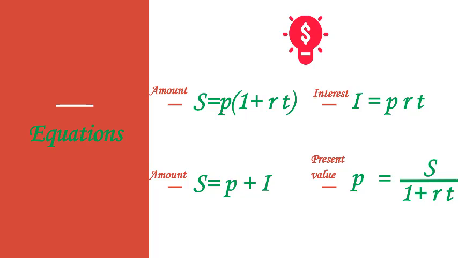Ordinary interest equal B times R times number of days over 360. Exact interest, IE, equal B times R times number of days over 365 or 366 according to the type of year, if it is a leap year or non-leap year.